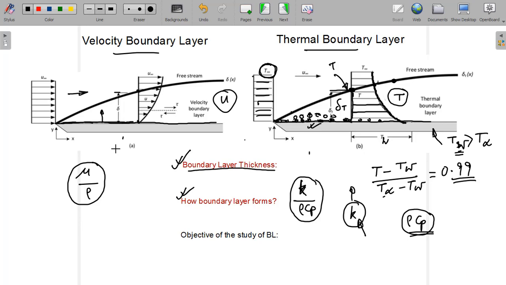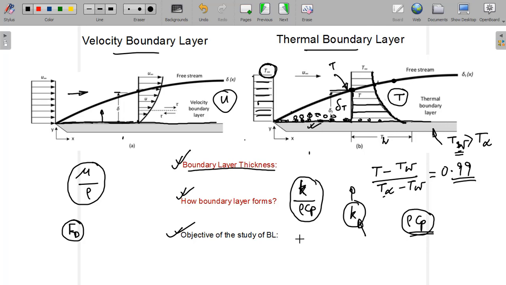Exactly the similar kind of phenomena occurs in case of a thermal boundary layer and the velocity boundary layer. Okay, so now you see what was the objective in case of a velocity boundary layer analysis and what is the objective of the thermal boundary layer analysis. If you remember, the objective of the velocity boundary layer analysis was definitely to find out the drag force acting on the plate because of the fluid flow, whereas in case of thermal boundary layer, the main objective of doing the thermal analysis within the boundary layer is to find out the net heat transfer that is taking place.